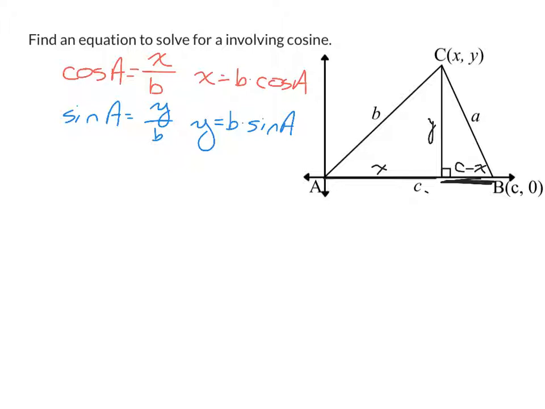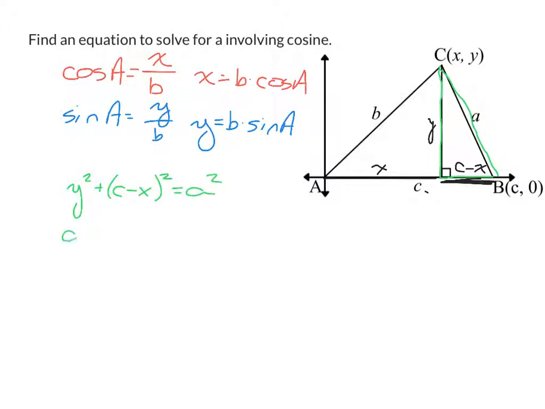Now, noting that this triangle over here is a right triangle, I can find some information about A using the Pythagorean theorem. If I did y squared plus c minus x quantity squared equals a squared.